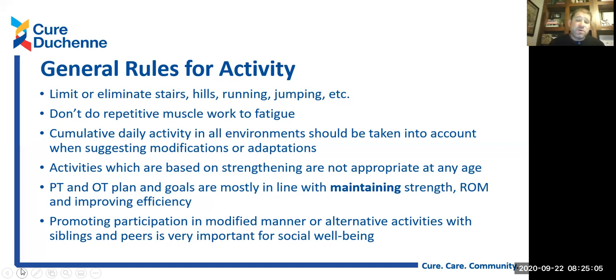Typically with Duchenne, there is an improvement in gross motor skills until about the age of 7. Even if they're improving in gross motor skills, we want to be careful about trying to work on strengthening type activities. And then promoting participation in a modified manner that allows them to still be with their peers.